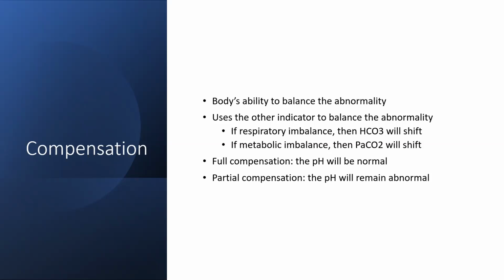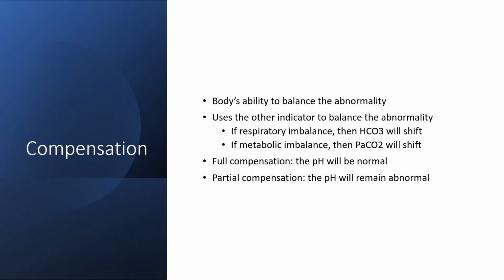So if it's a respiratory problem, the bicarb will shift and almost reach an abnormal state in order to make up or compensate for this respiratory imbalance. And the opposite is true. If it's a metabolic imbalance, then the carbon dioxide will shift.